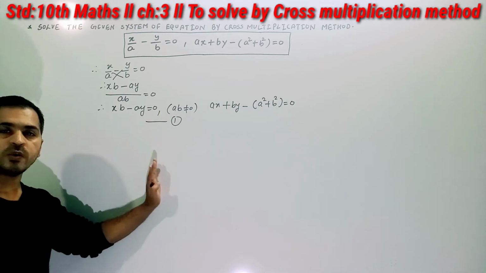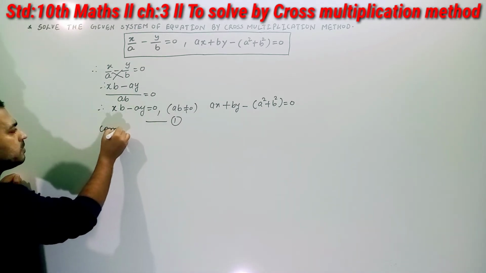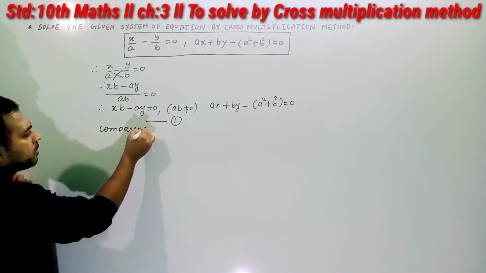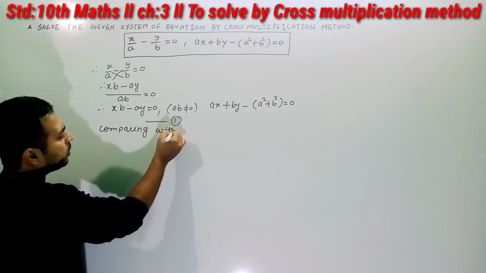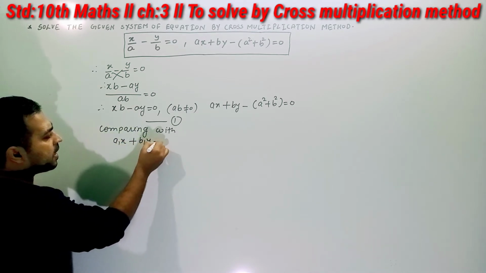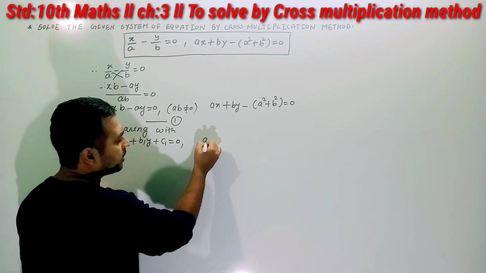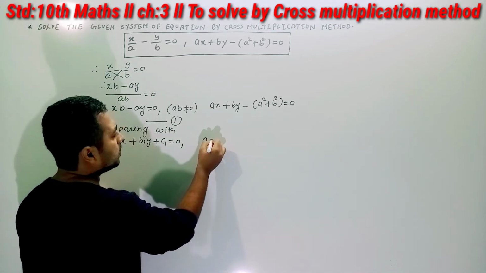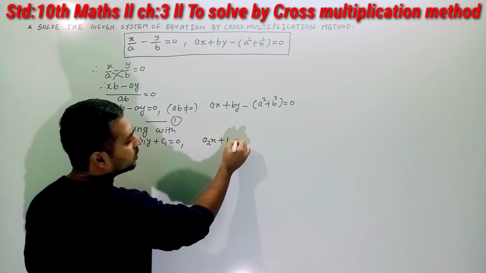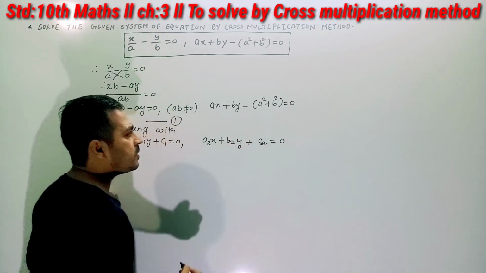So what will you have to do here? Just compare this pair of linear equations with a1x plus b1y plus c1 is equal to 0 and a2x plus b2y plus c2 is equal to 0.